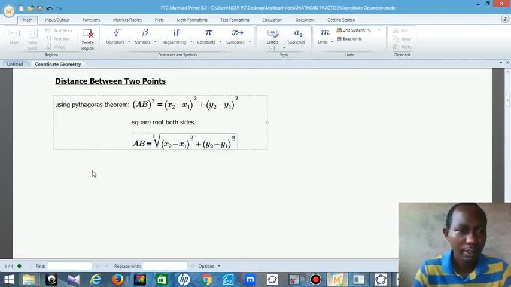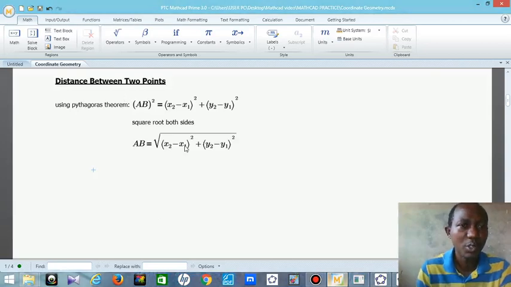So that is all. This is the distance between two points formula.